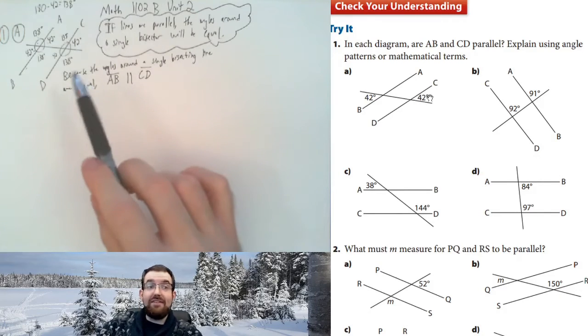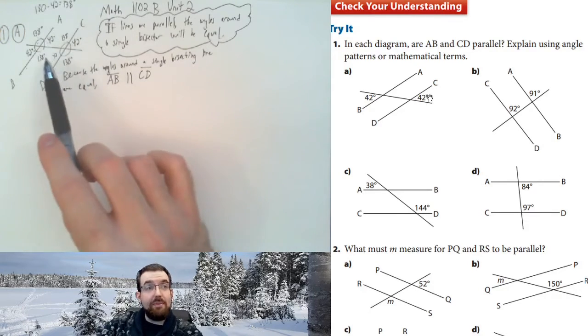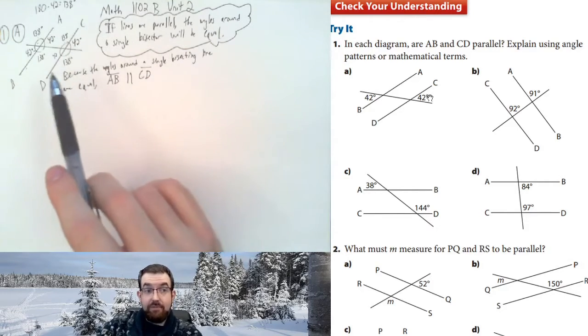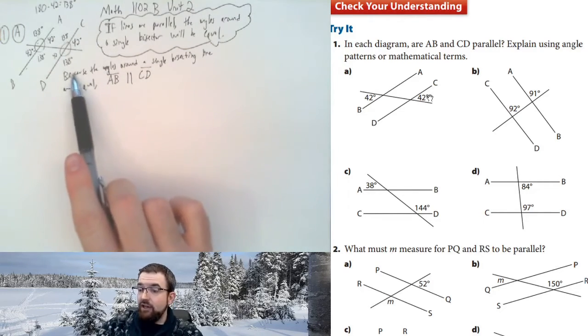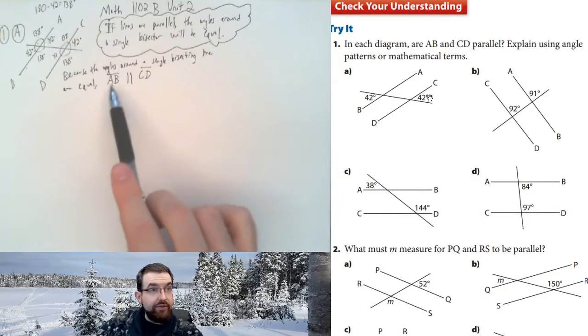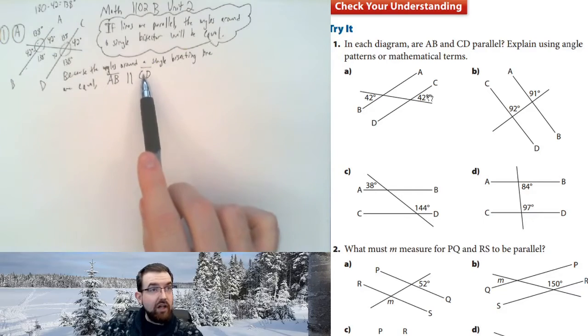Yes, that is a really good way of checking that you've done your work correctly, going through and adding these to make 360. And then here, because the angles around a single bisecting line are equal, these symbols mean line AB is parallel to line CD.